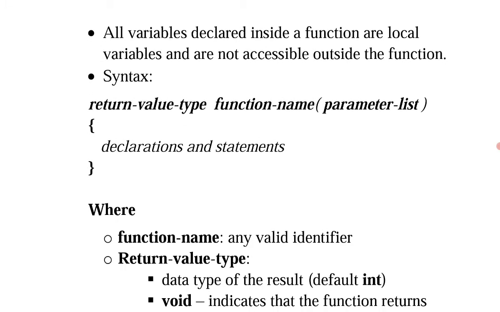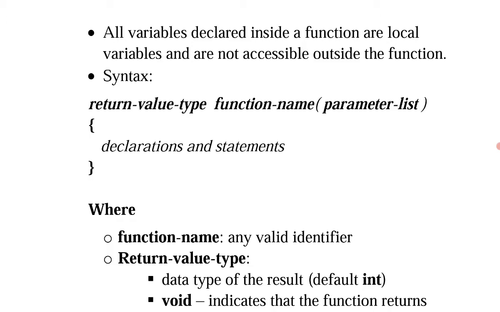All variables declared inside a function are called local variables and are not accessible outside the function. As we already know from the previous classes, there are two types of variables used: local variables and global variables. What are local variables?